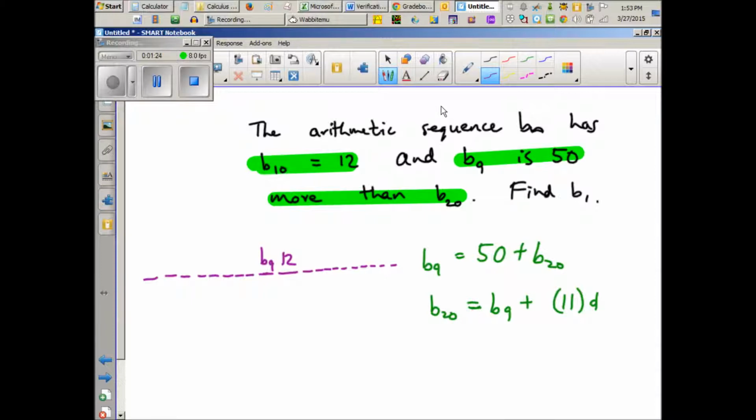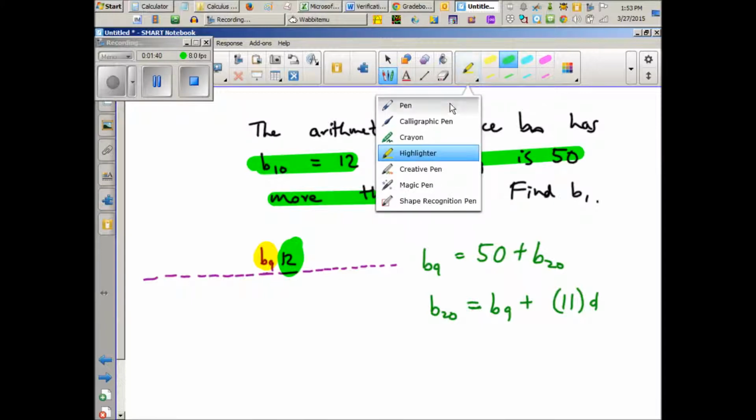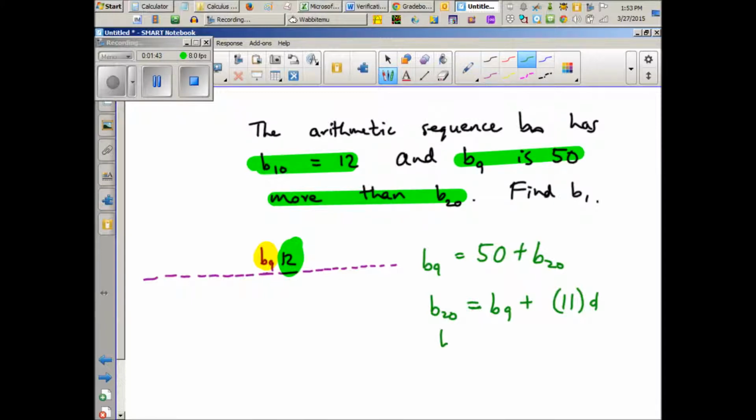I've shown you B9 and how it's sitting right next to 12. That's B10 as given, right? So one more relationship: B9 is simply 12 minus the common difference.